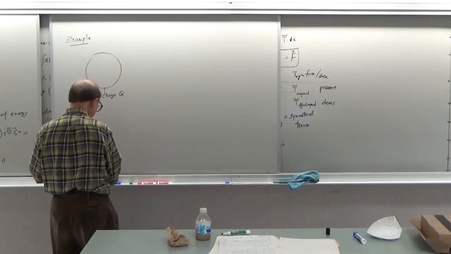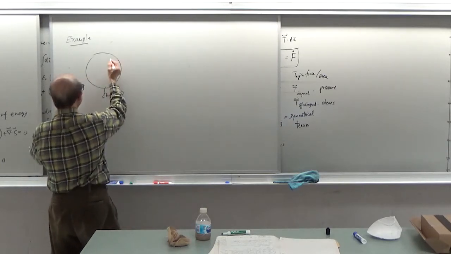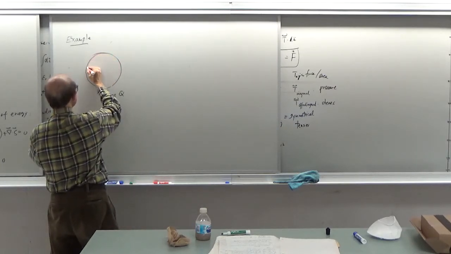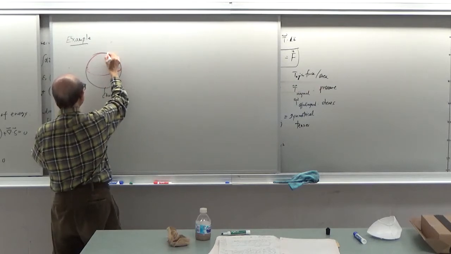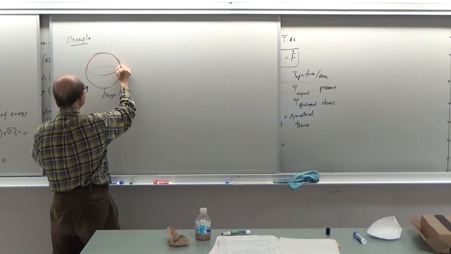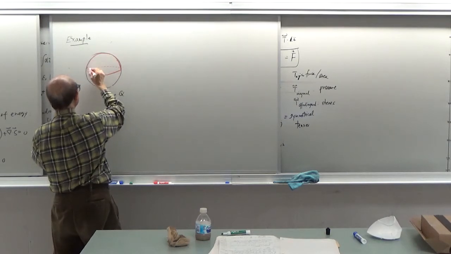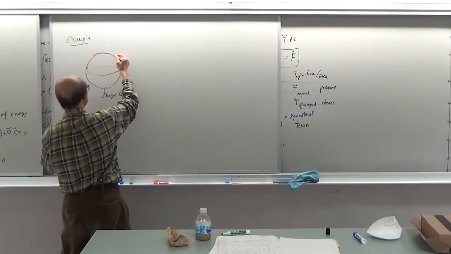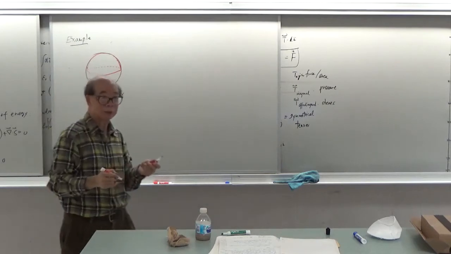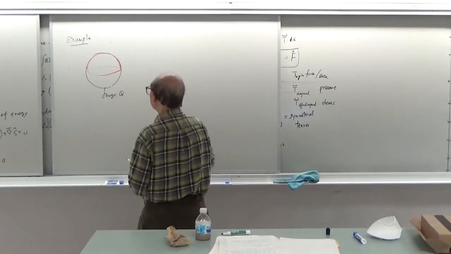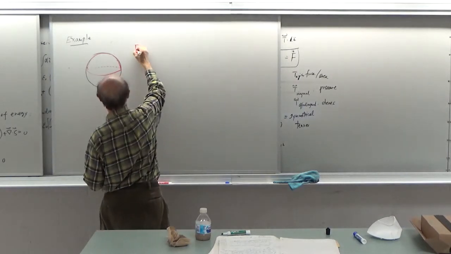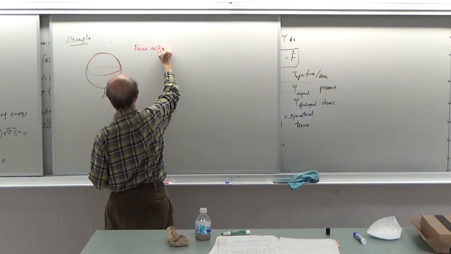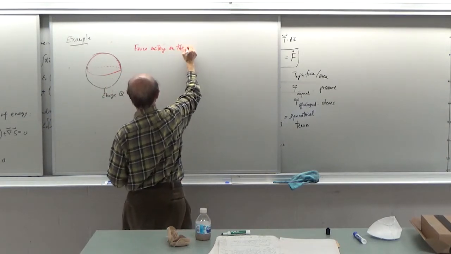So this northern hemisphere will be this, with a diagonal disk. So the red part is the northern hemisphere. In this example, let's calculate what's the force acting on the northern hemisphere.